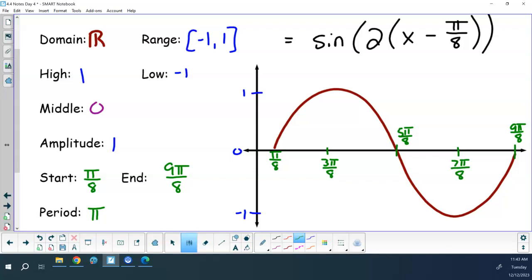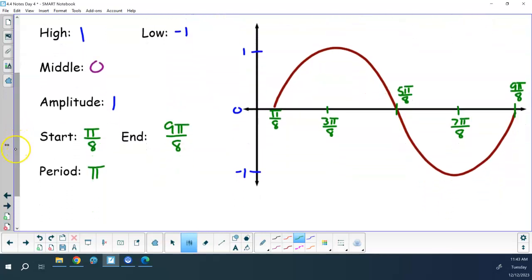Okay? Tomorrow on the formative, you'll have 2 graphing problems. Okay? You'll be asked to do all of that you see on the screen right now. We're not going to ask you for the range. We're not going to ask you for the domain tomorrow.